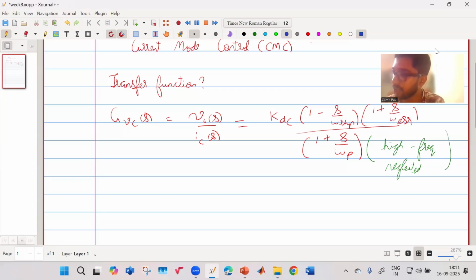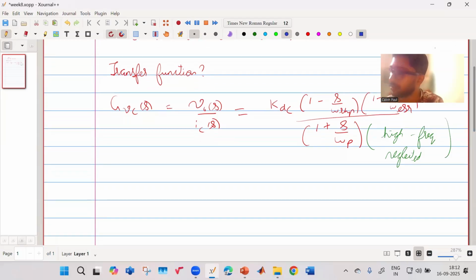Now these things are very important for you since you'll be giving the exam. At least these values of KTC, omega RHP, omega ESR, omega P, you have to learn by heart, because there is a certain amount of marks for recall in your final exam.